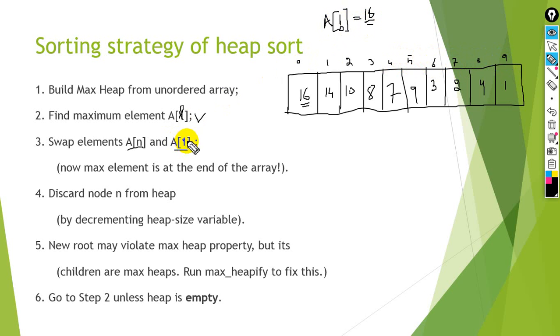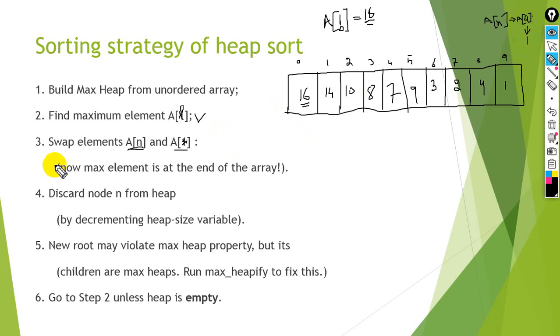So take this. Next, swap AN. How many items are here? 10, and the last one, AN, is A9. So we can say this is AN, and its value is 1.